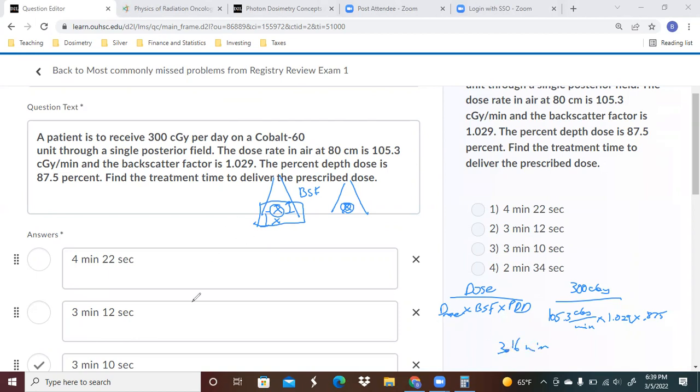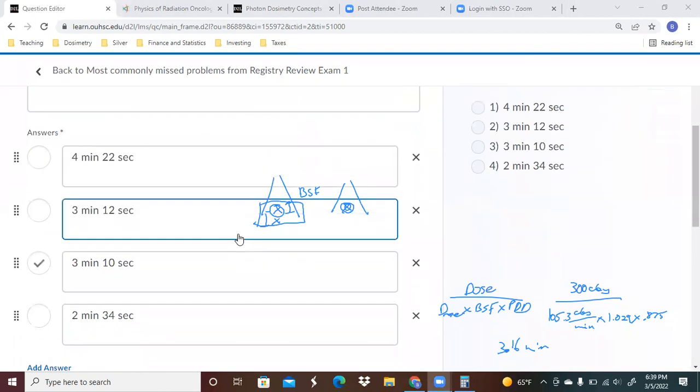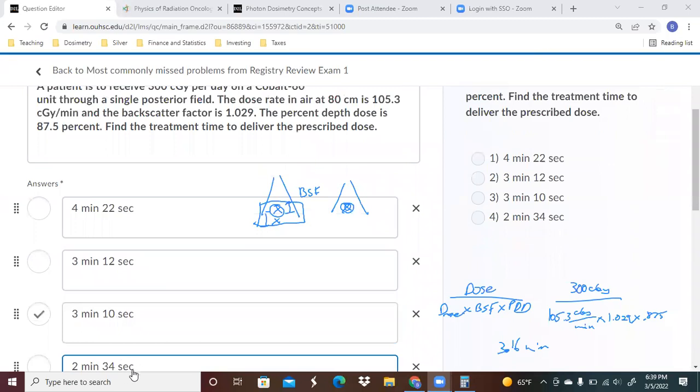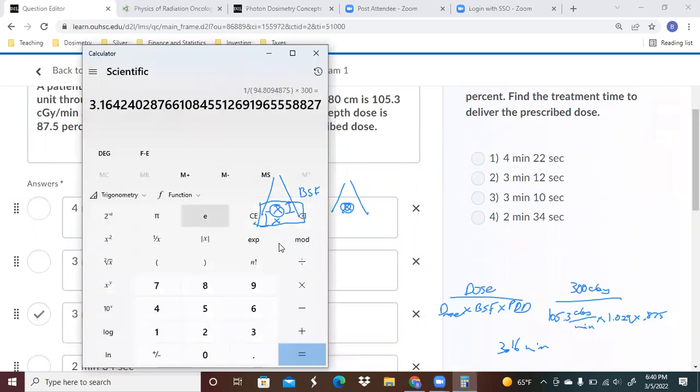So we can see already that that rules this out. It's also going to rule this out. The question is, which one of these is it going to be closer to? If I've got 3.16 minutes, how do I figure out how many seconds that is? If I strip off the number of minutes, which is subtracting the number to the left of the decimal point, and multiply by 60, that should tell me 9.85.